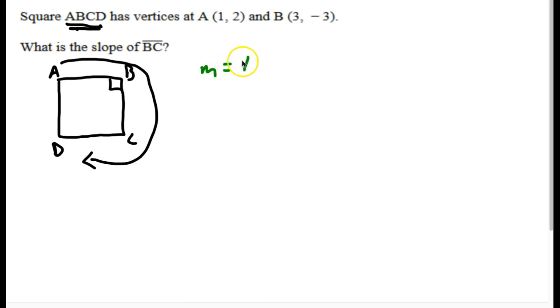So we can do this two ways. We can use the slope formula, which is y2 minus y1 over x2 minus x1, or we could use Desmos and graph it. So I'll do both ways here. By hand, using our formula, we would label our points x1, y1, x2, y2, and plug those values in.